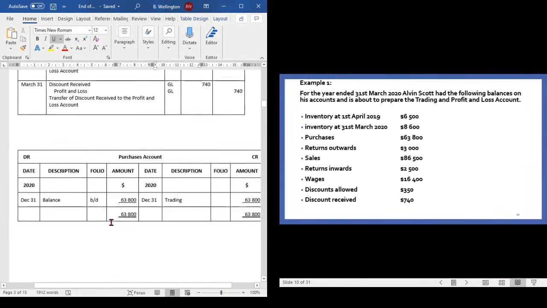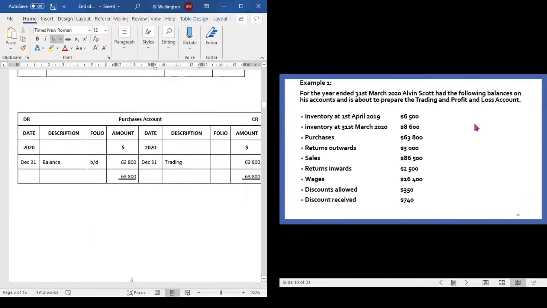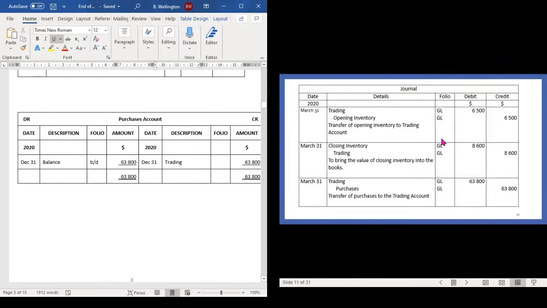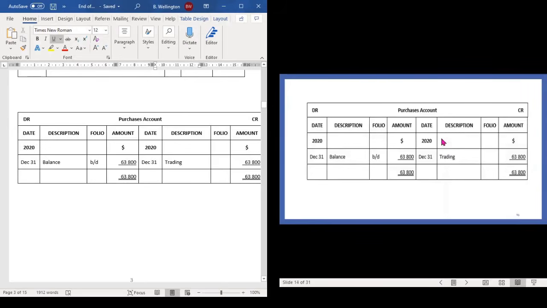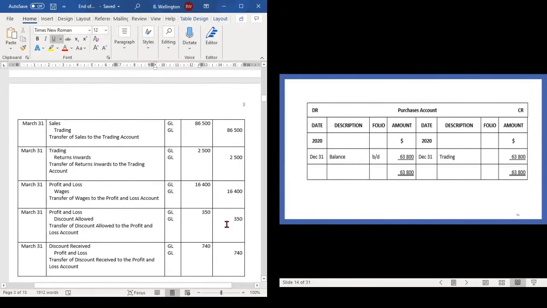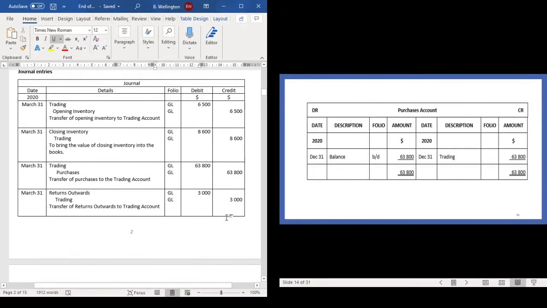Okay, so now let us look at the effect that these transfers would have on the different accounts. Okay, so let's look at the purchases account. Remember what the journal entry said we should do?